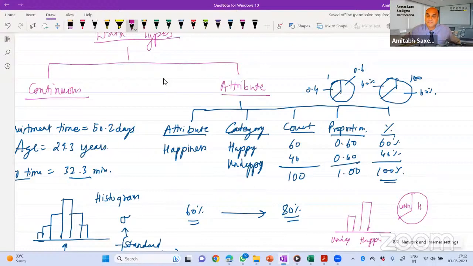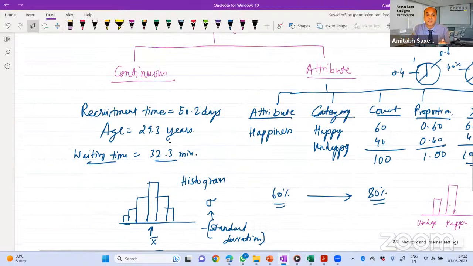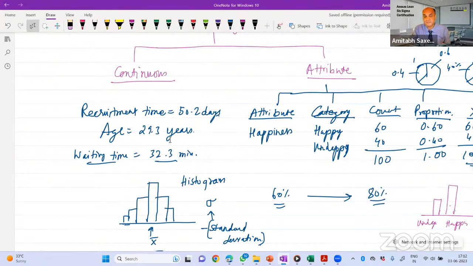So bar chart and pie chart can be used. And how will you report your metrics? When you collect the data, you have to report it. So you have to report it as a bar chart or pie chart when the data is attribute, and you have to report it as a histogram when your data is continuous. Okay.